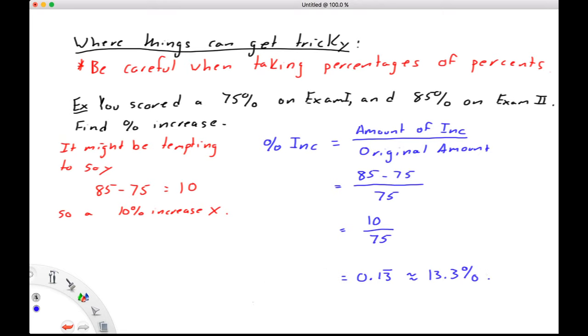So although it's tempting to say, oh, we went up 10 percentage points, so we've improved by 10%, in actuality, your score has increased by 13.3%.